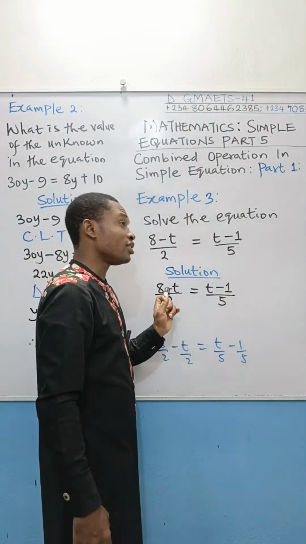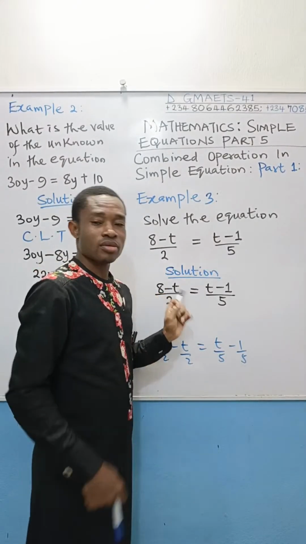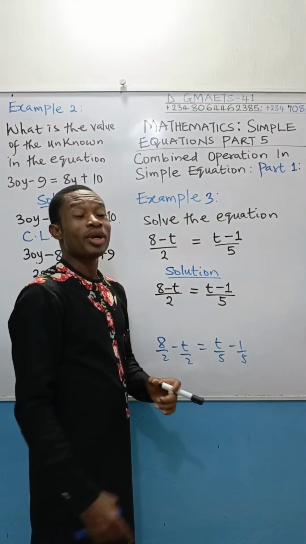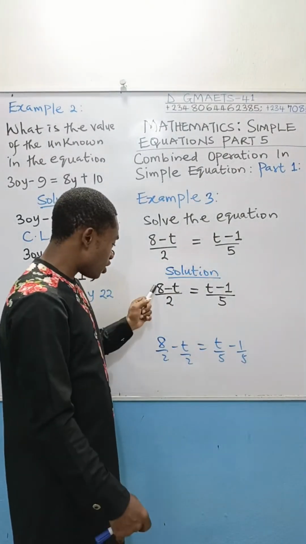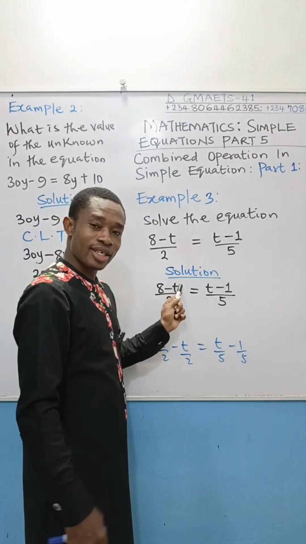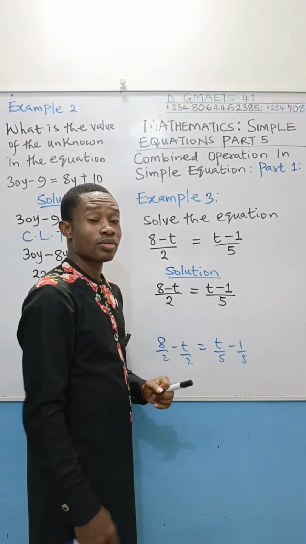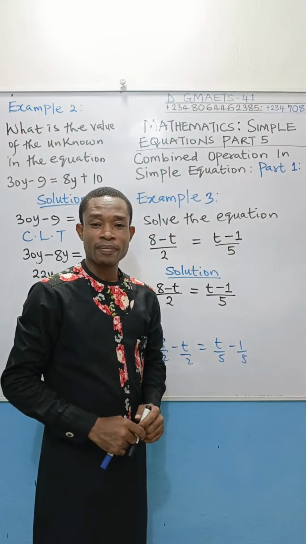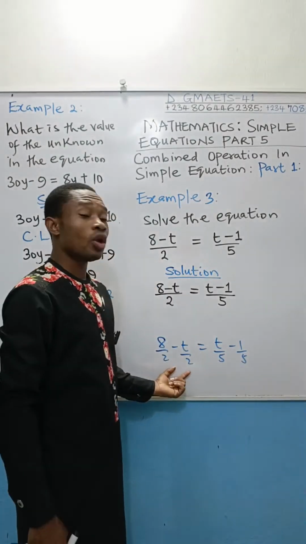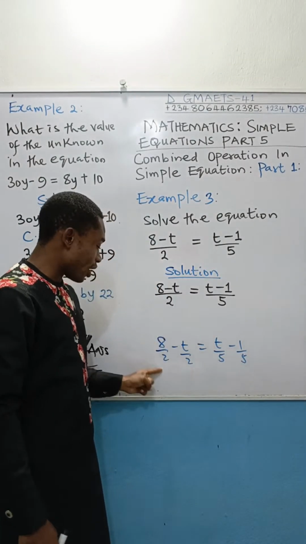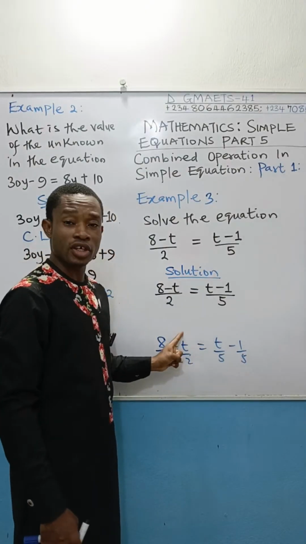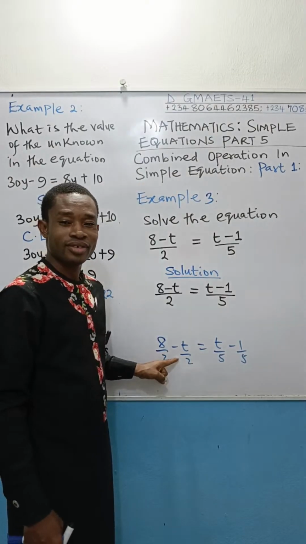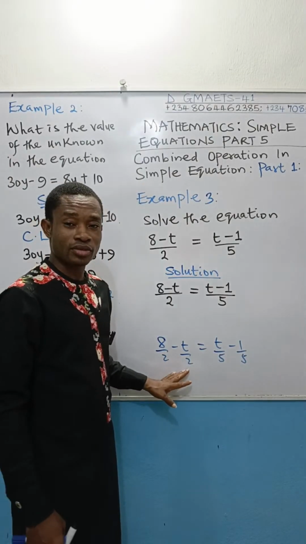If this minus were to be plus, you can still split to have 8 over 2 plus t over 2. Mathematics allows it. In this case, this is no longer a single fraction because here you have one division and here you have one division. So this is not a single fraction.